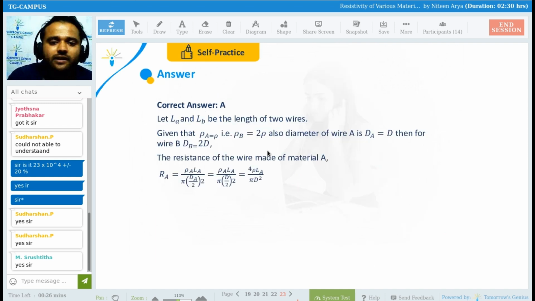How can we find it? Let LA and LB be the lengths. It is given that rho A equals rho, and rho B equals 2 rho. Also, the diameter of A is D, and that of B is 2D. So resistance RA is 4 rho LA upon pi D square. Why pi D square?